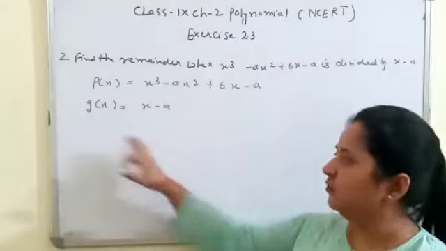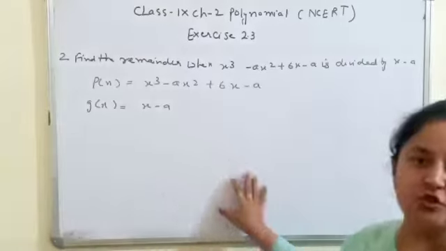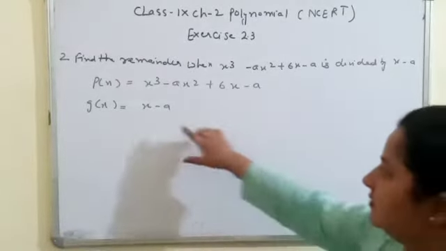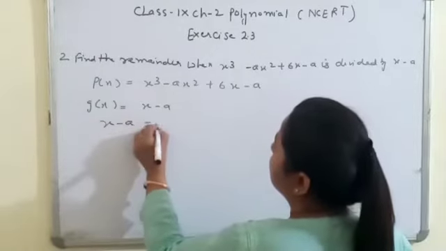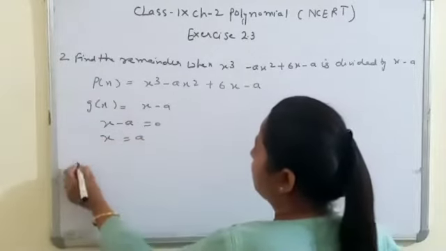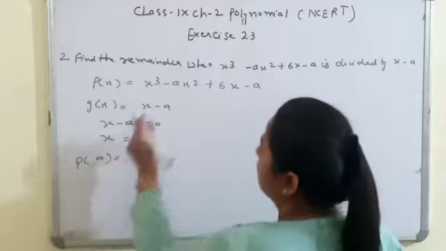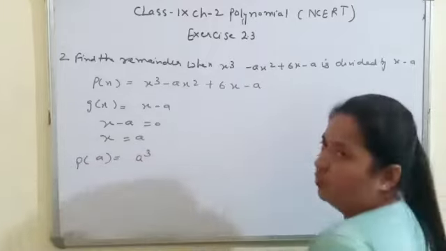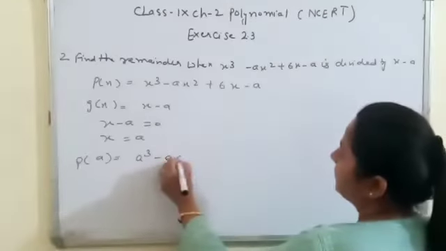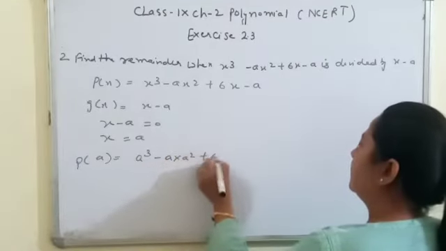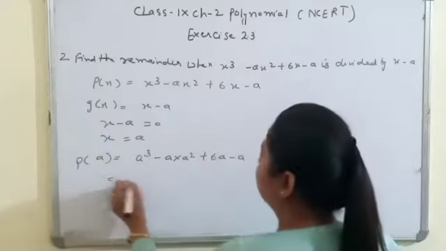Firstly, we will find the 0 for the divisor and substitute that value in the given polynomial. So x minus a equal to 0, x equal to a. Substitute x equal to a in the given polynomial: a cube minus a into a square plus 6a minus a.